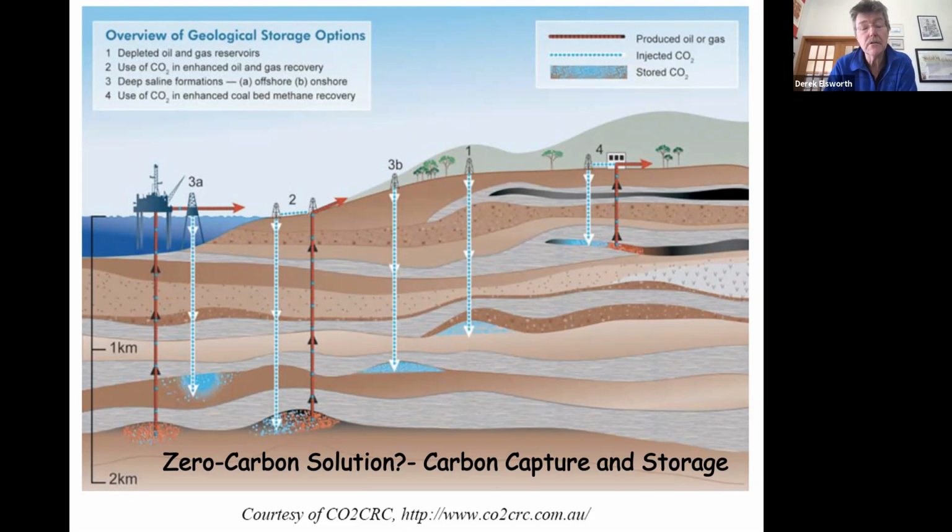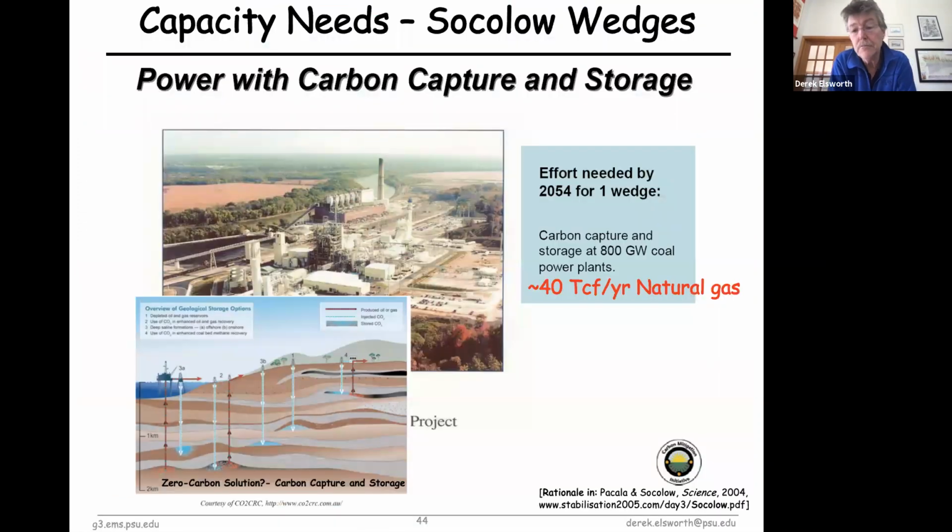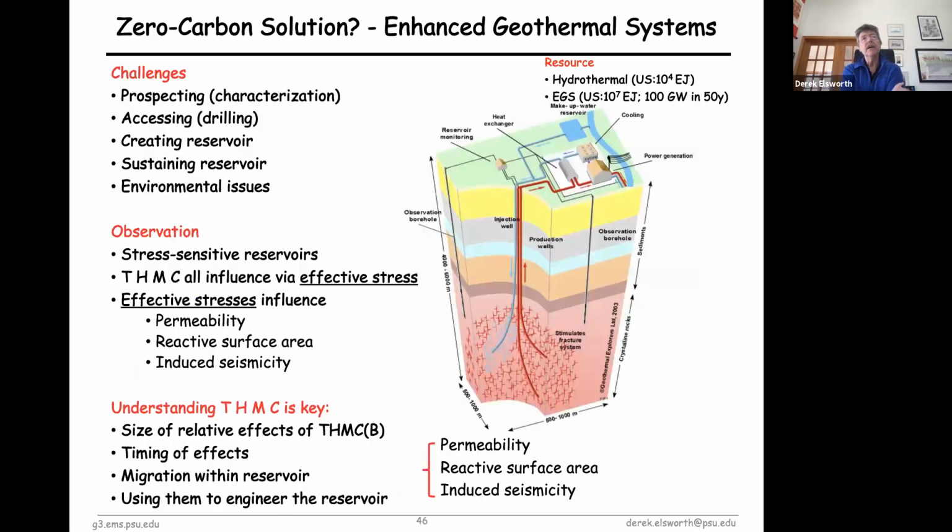But nevertheless, it's a solution. And to be able to do that for one wedge, you have to convert 800 big power plants burning coal and take the flue gases from them and sequester all that effluent in the subsurface, which again is a big ask.